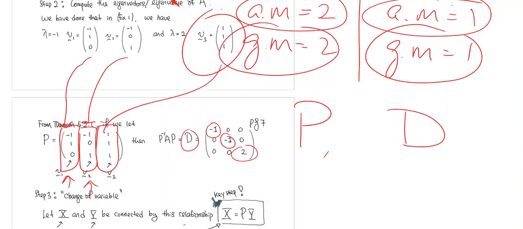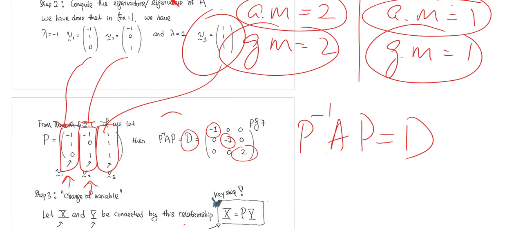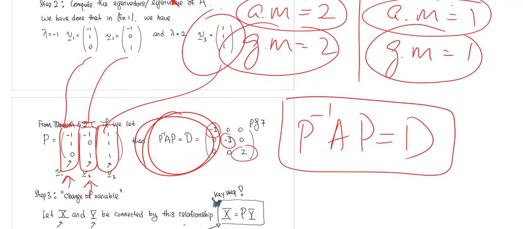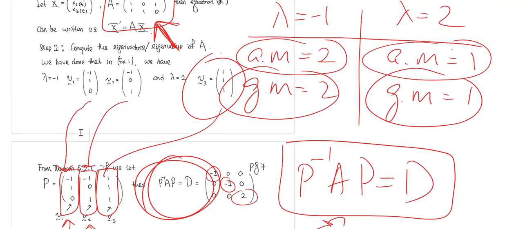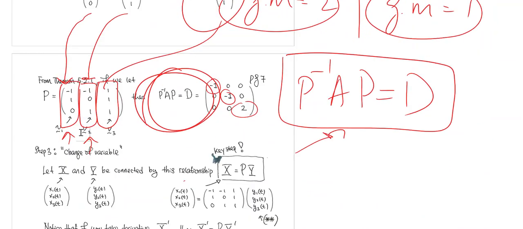As you can see, we can construct this matrix P and D so that P inverse AP equals D. That's the key step of using eigenvectors: you use your eigenvectors and eigenvalues to connect A and D like this. So far, that has nothing to do with differential equations. We are just looking at matrix A and trying to diagonalize it.